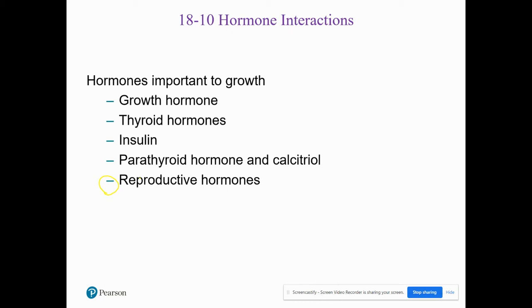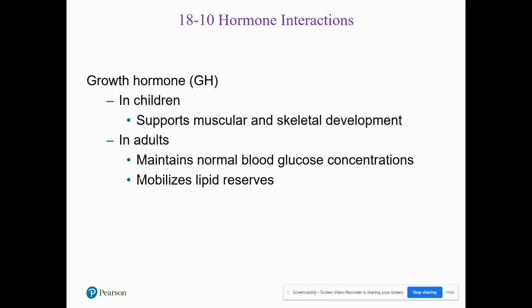You're going to be underdeveloped, or you're going to have incomplete secondary sex characteristics that can lead to sterility. So, in children, regardless of sex, need human growth hormone to build up muscle and skeletal development. You also need testosterone and androgens.